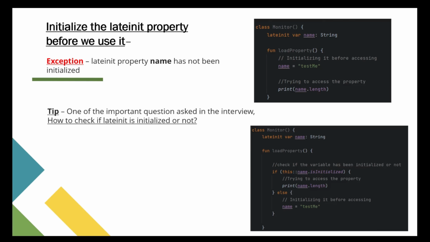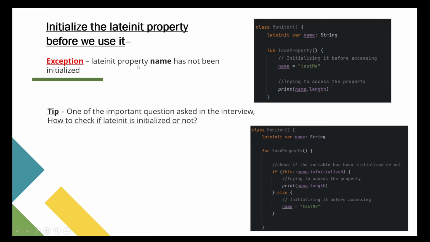We should always remember one thing, that whenever we are making use of the lateinit keyword, we should always initialize it with some value before we try to access the object. In the example, I'm trying to print the length of the name. However, before this line I have initialized it with some value.